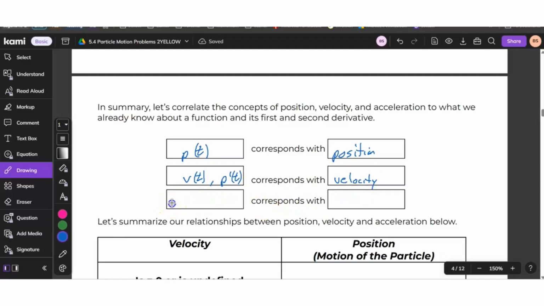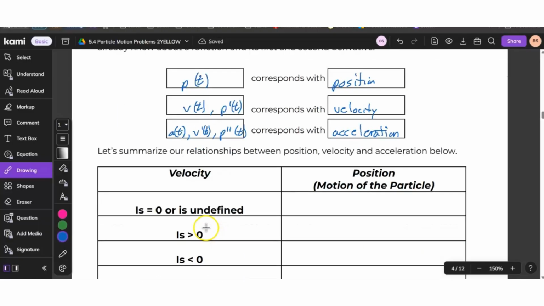And A of t, or V prime of t, or P double prime of t, is the acceleration. Amazing, right? So we've already done this. We've already compared the derivatives with the originals, etc. But let's do it when we're specifically talking about position and velocity now.